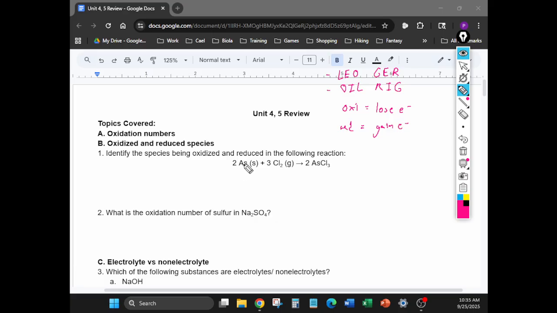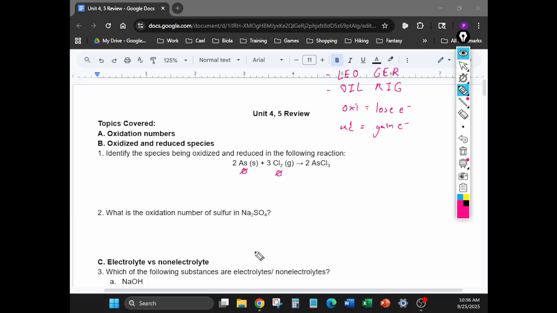All right, so first thing we want to do is determine the oxidation numbers on the reactant side. We have As, and it's a solid. This is a metal, so the oxidation number is going to be 0, because solid metals are in their elemental form. And Cl2, this is just something you need to remember, is a diatomic gas. This is also going to have an oxidation number of 0.